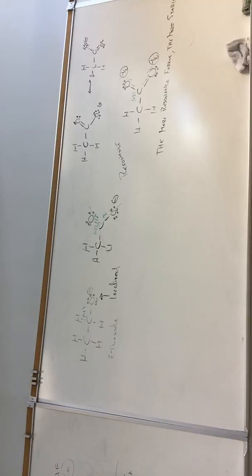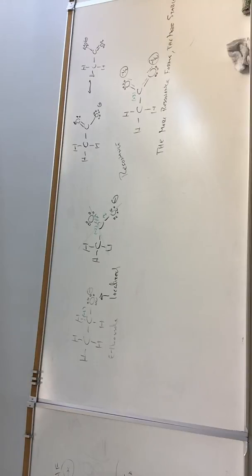And so, for example, sulfate, you can draw a lot of resonance forms for, versus sulfite, which has fewer resonance forms. So sulfate is a weaker base, even though both of them are -2. Sulfate is -2, sulfite is -2. But with sulfate, you can delocalize the charge over more of the structure, resulting in a weaker base.